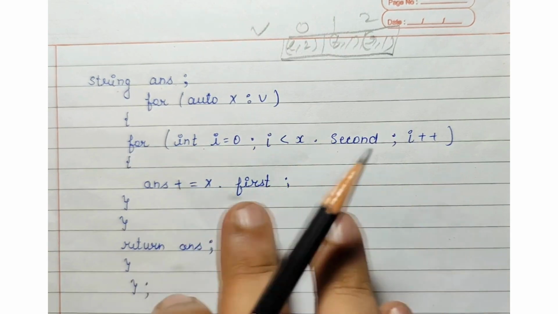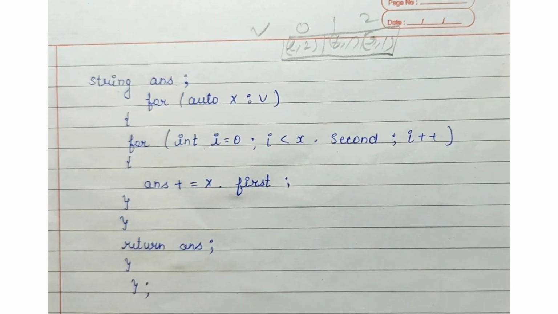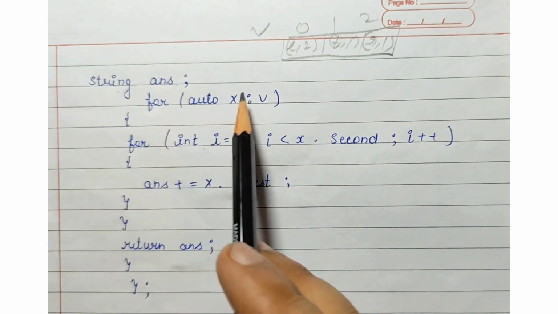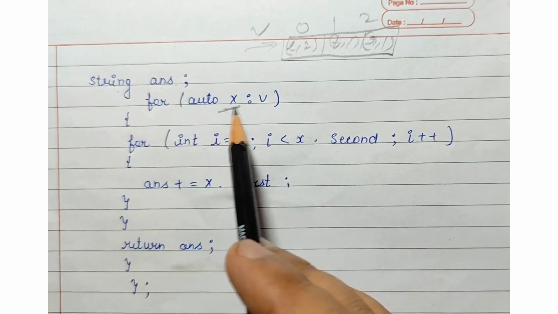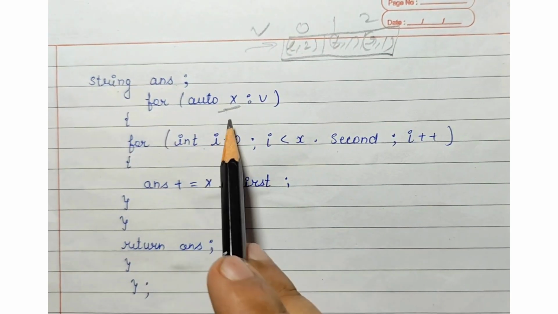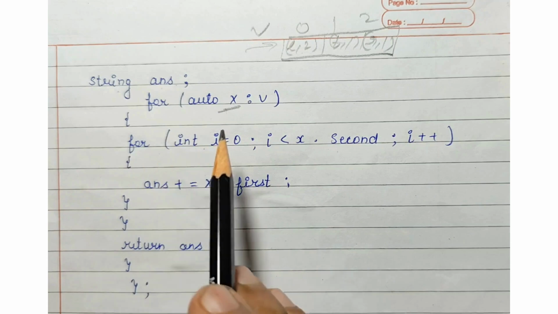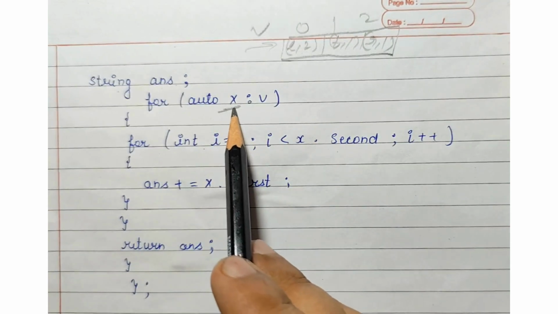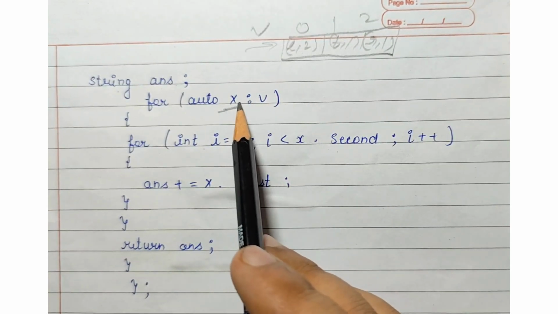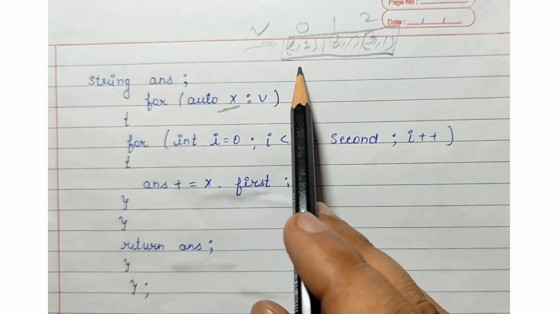So again I traverse this vector using the auto variable, x is an iterator.